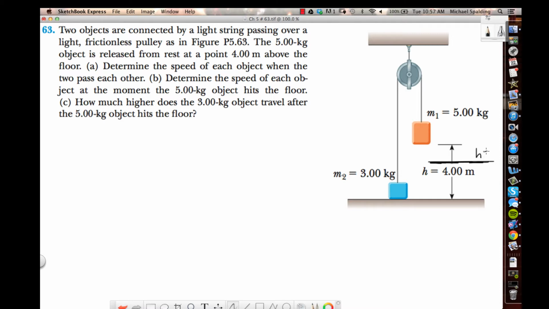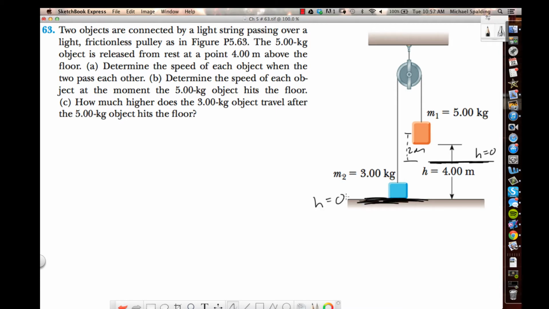So this is the 0 point for M1. And what's this height there? 2 meters. What's the 0 point for M2? What's the lowest point for M2? Right here. So we have two different 0 points.